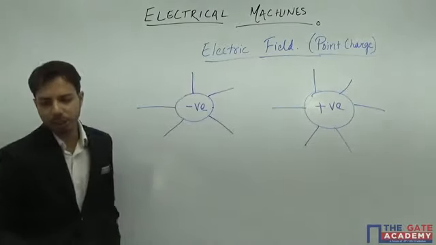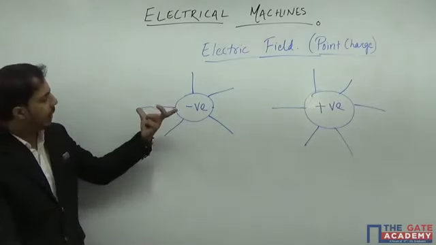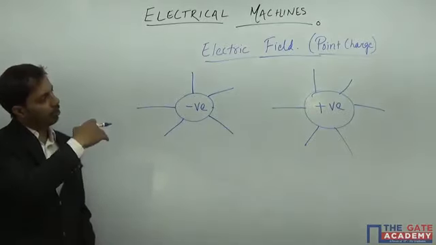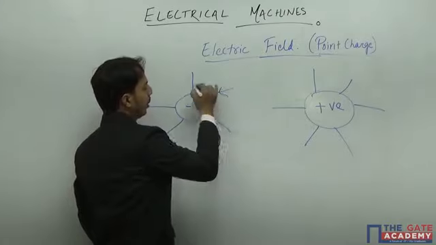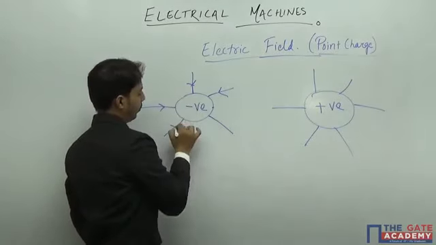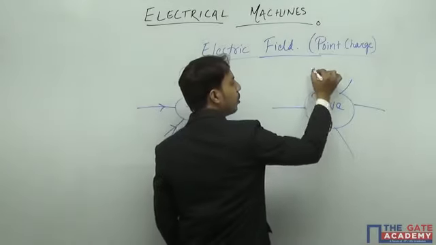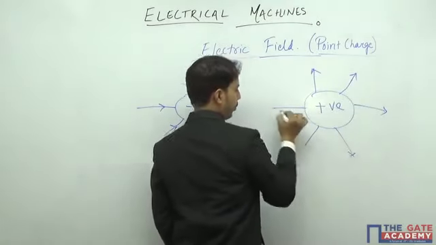You can see in your PPT, if they are isolated, the lines of force around the negatively charged body will be coming inside, and for the positive charge, the lines will be going outside.